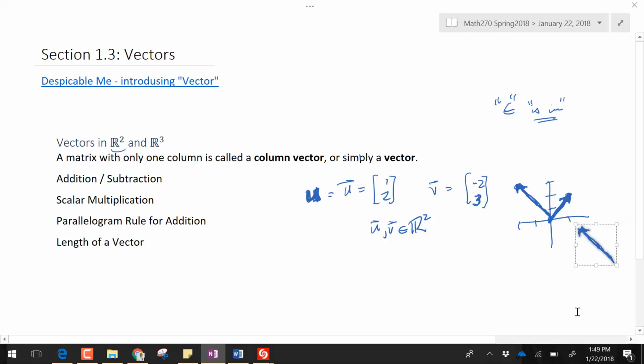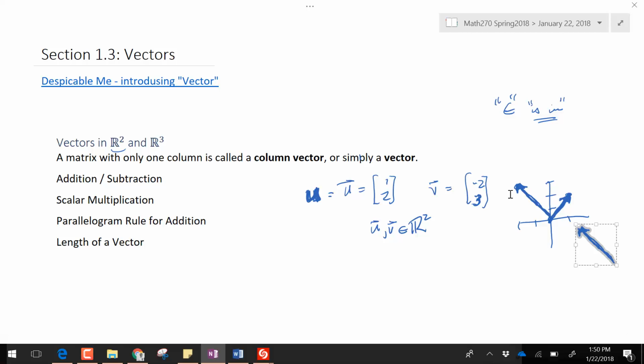So it turns out that for these vectors, it doesn't matter where they are in your geometric space. As long as they have the same direction and magnitude, they would be the same vector. So you can move those vectors around, but it's better to look at them in standard position because their ending point, where the arrow points to, is actually the point determined by the values given in your components.